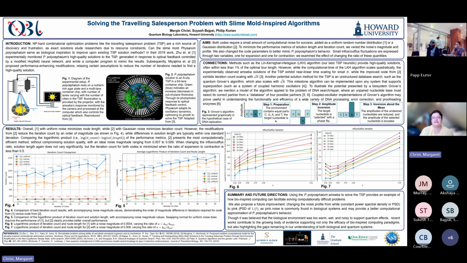It needs to find the solution to its database search in order to partner correctly. And we're hopeful that coupled oscillator implementations of Grover's algorithm may prove useful in understanding functionality and efficiency of a wide variety of questions around how DNA functions.